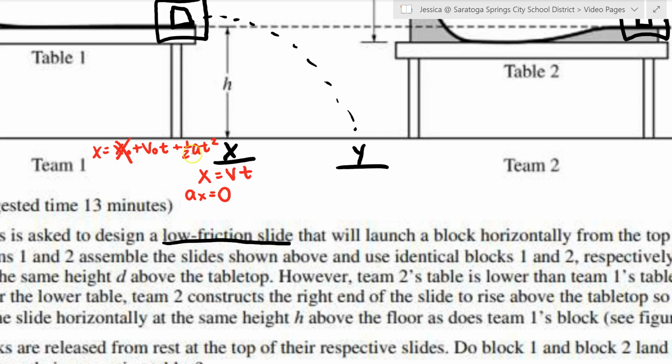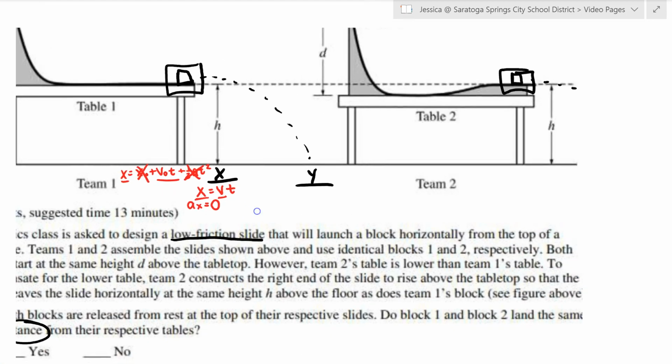Since acceleration is 0 in the X direction, because there's no net force in the X direction once we fly off that table, that can go away. So I'm left with X equals V0T. What's going to determine this X position is the velocity at the edge of the table and the time. So let's think about where that time component comes from first.